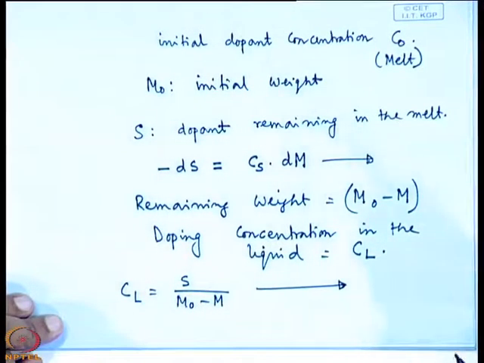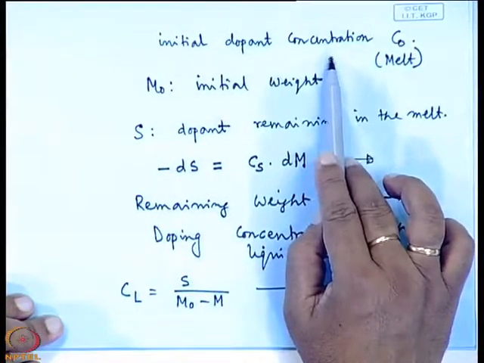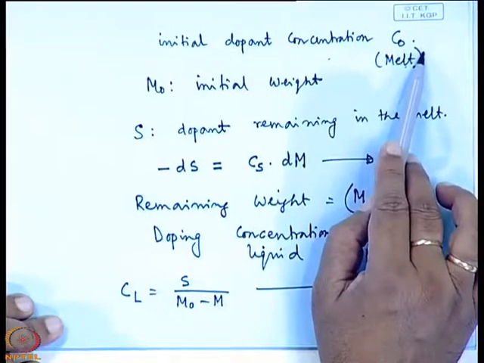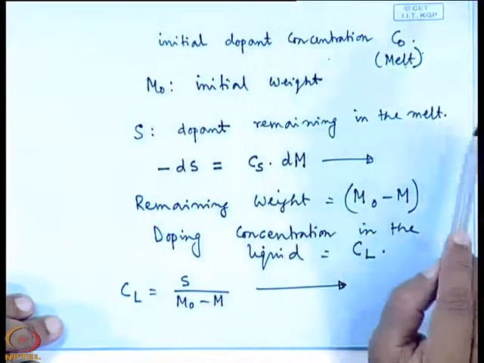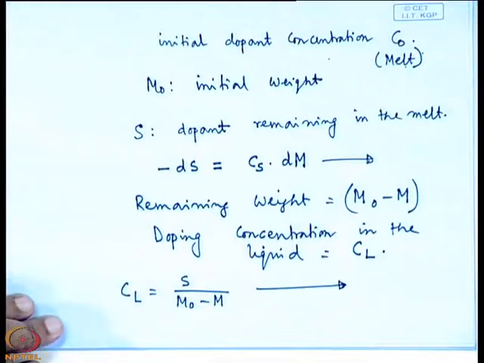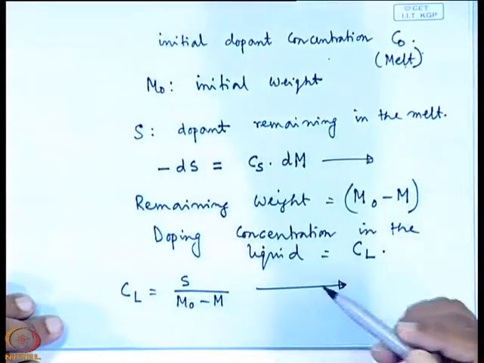Okay, let me explain again. Let the initial dopant concentration in the melt be C 0, and the initial weight be M 0. At a certain instant of time, say after time t, M amount of crystal is grown, and S is the dopant remaining in the melt.